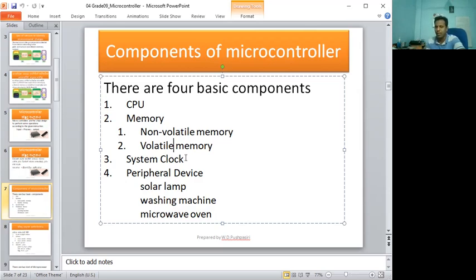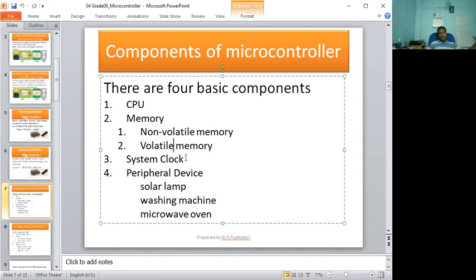And peripheral devices means there are many devices that can be connected to the microcontroller, like solar lamp systems, washing machines, microwave ovens, and many other things.